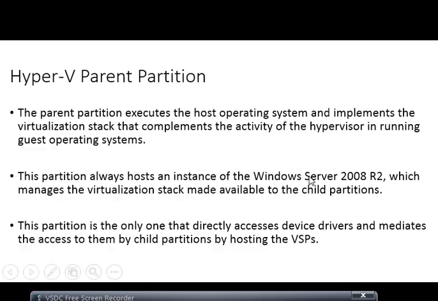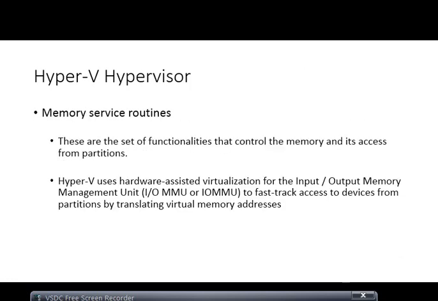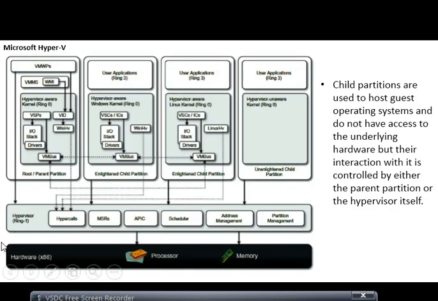So there will be four worker processes in this case, one for the parent partition and three for the child partitions. All these processes run in the parent partition, and through that process the virtual machines are controlled.